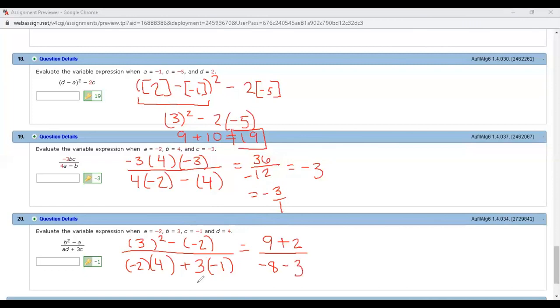So remember that plus -3 is the same thing as -3. So we got 9 plus 2, which is 11. And then we got -8 minus 3, which is -11. So we got 11 divided by -11, or 11 divided over -11. So our answer is -1.